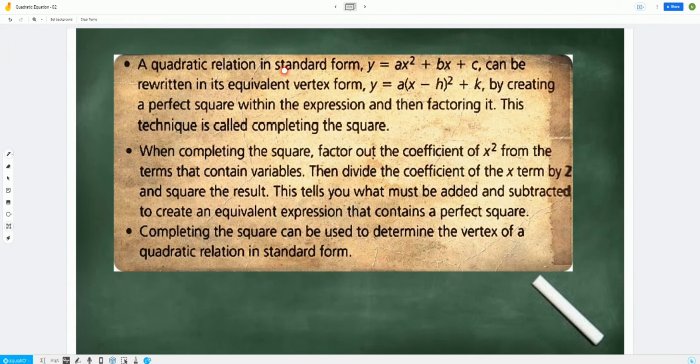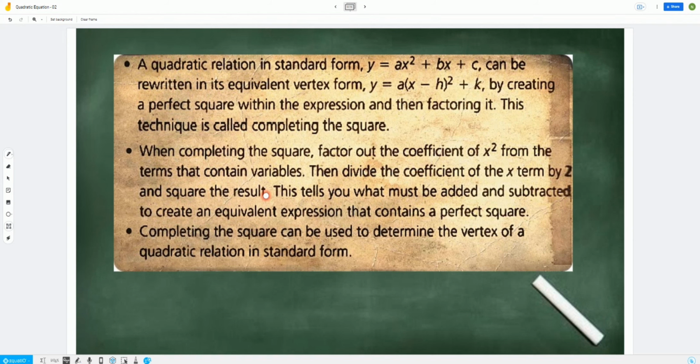Okay, let's do the summary. A quadratic relation in standard form, y equals ax squared plus bx plus c, can be rewritten in equivalent vertex form, y equals a times x minus h squared plus k, by creating a perfect square within the expression and then factoring it. This technique is called completing the square. It's a very important statement. When completing the square, factor out the coefficient of x squared from the terms that contain the variable, then divide the coefficient of the x term by 2 and square the result.